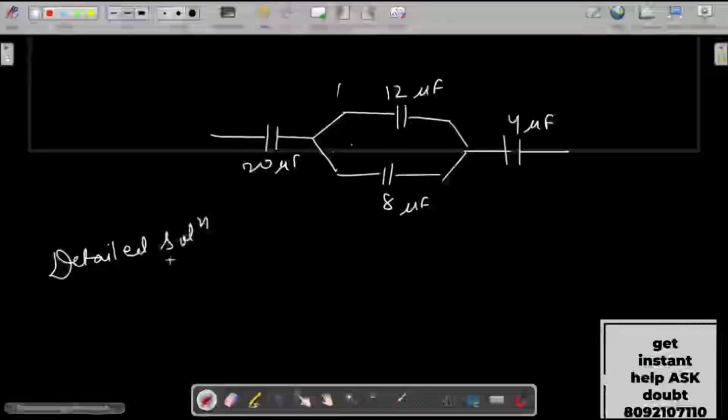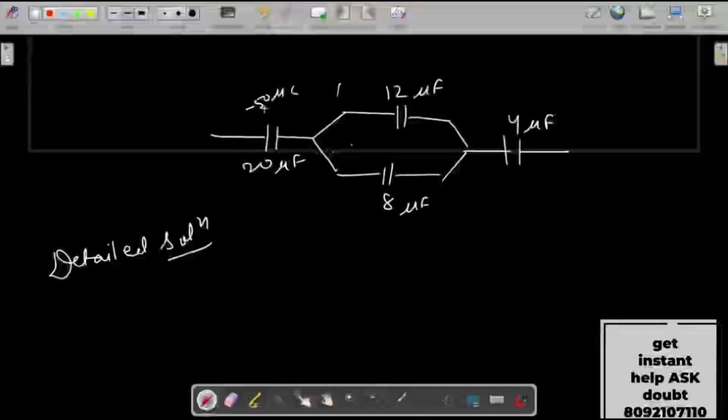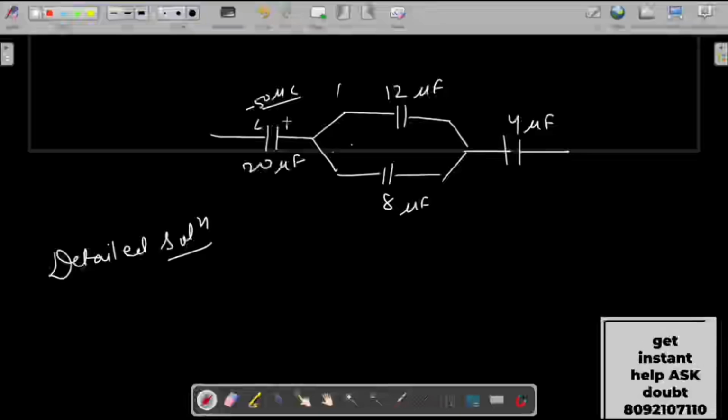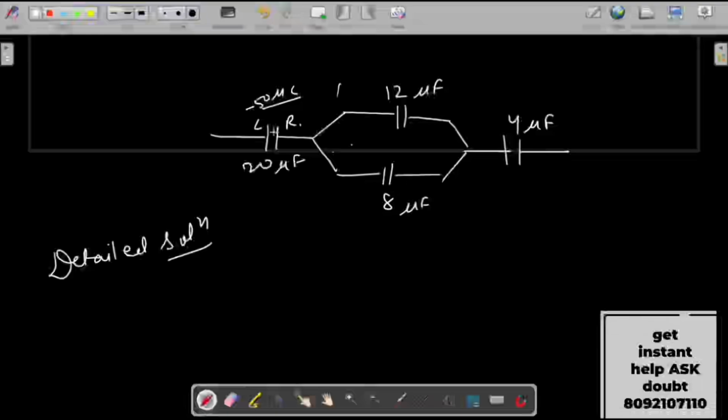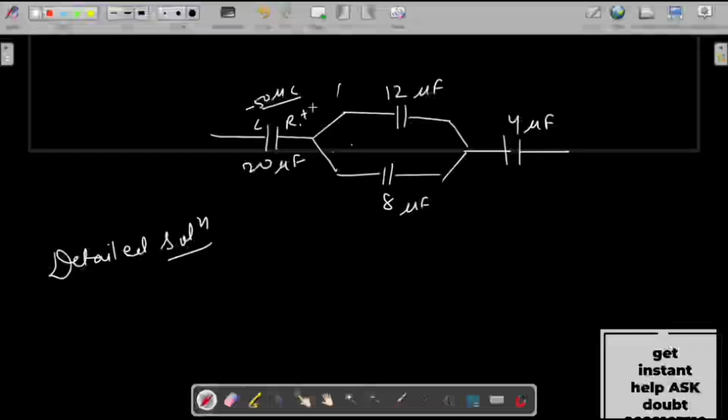Detailed solution. So the 20 microfarad capacitor has a charge of minus 50 microcoulomb on its left plate. As we know, in a parallel plate capacitor, both plates carry equal and opposite charges. Therefore, we can say that the right plate will have a charge of plus 50 microcoulomb.